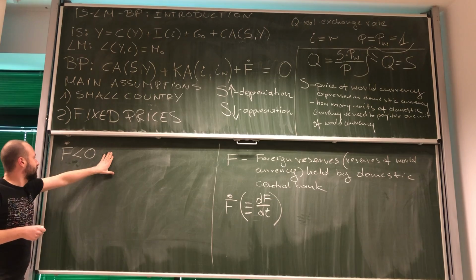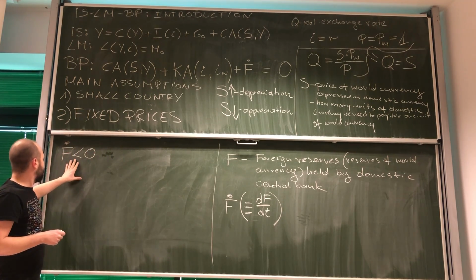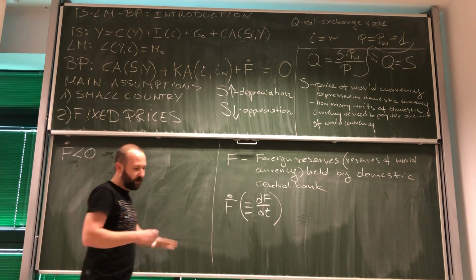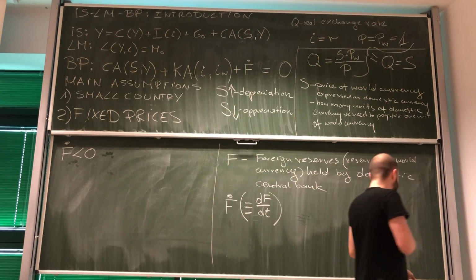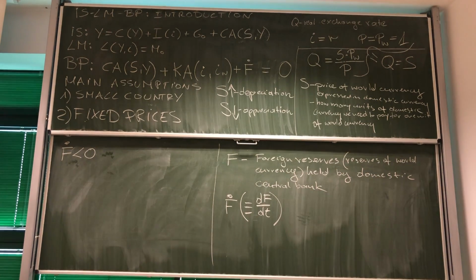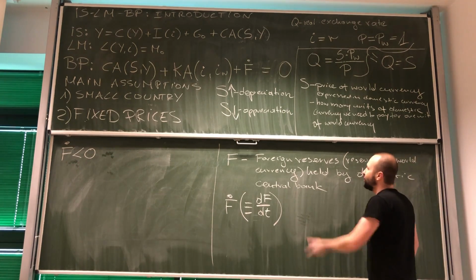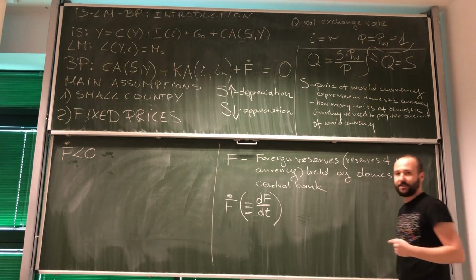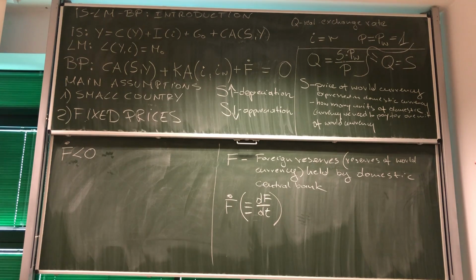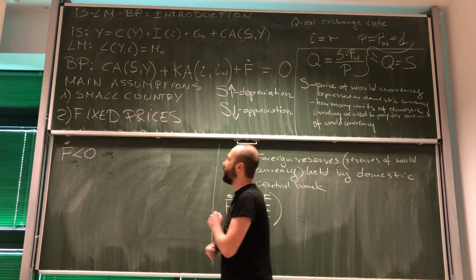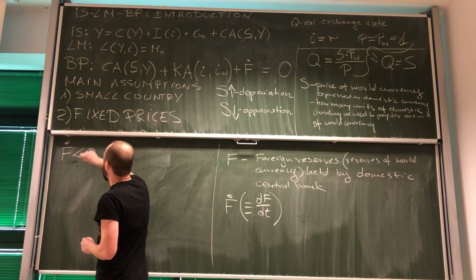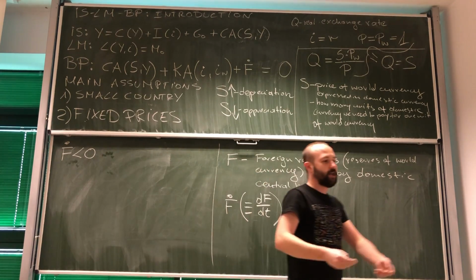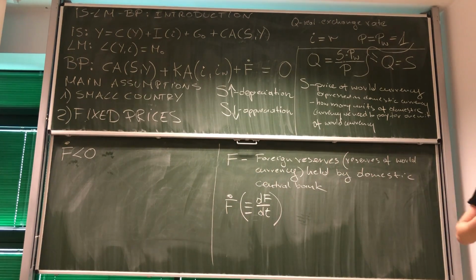What do I mean by that? Look, for example, the central bank believes that the value of our currency is too low. What can the central bank do? It can use the foreign reserves it has at its disposal, and by doing so, purchase domestic currency out of the market and put this currency back into the safe.